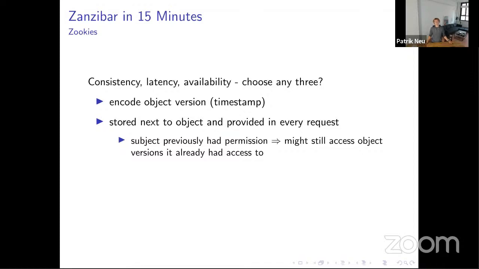So what this actually means is that this whole concept of Zukis means that if a subject previously had a permission on an object, then it might still be able to access the old object versions it already had access to, but it will never be able to access newer object versions than it had access to. So if you revoke access to a certain object now, you can be assured that the subject will never see the newer versions of the object, just the ones it already saw.